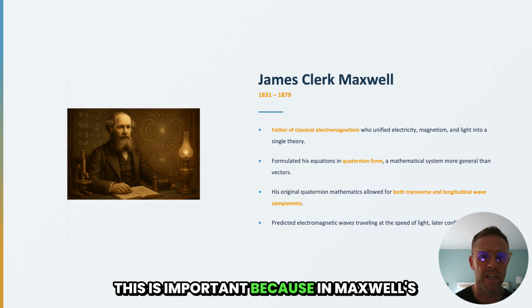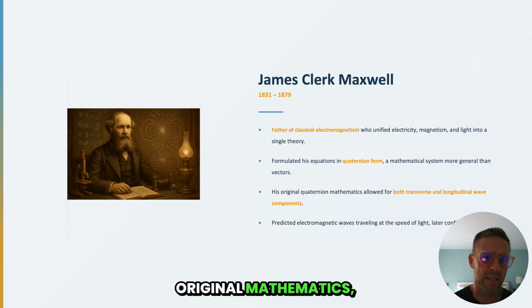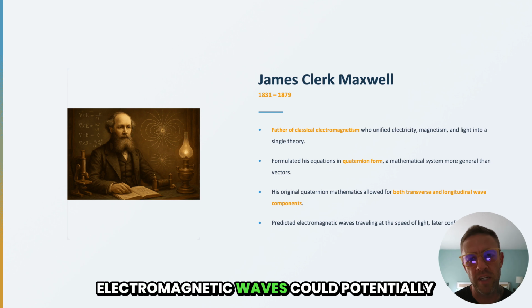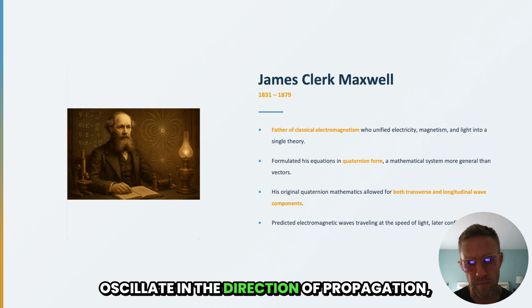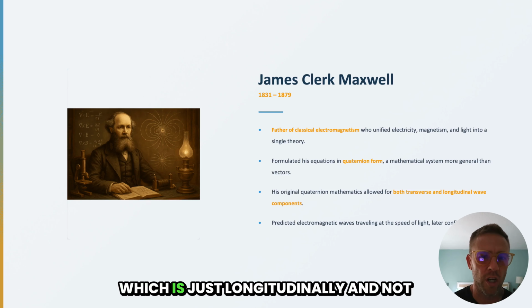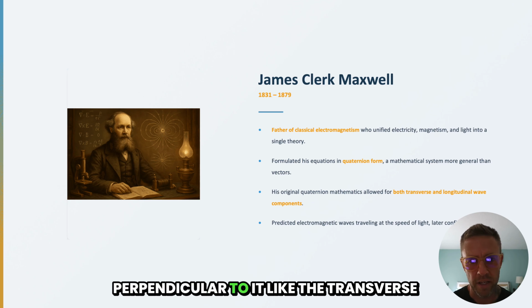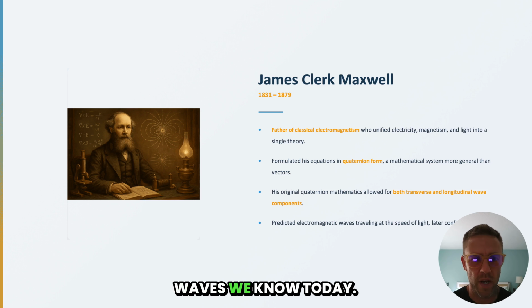This is important because in Maxwell's original mathematics, electromagnetic waves could potentially oscillate in the direction of propagation, just longitudinally and not perpendicular to it, like the transverse waves we know today.